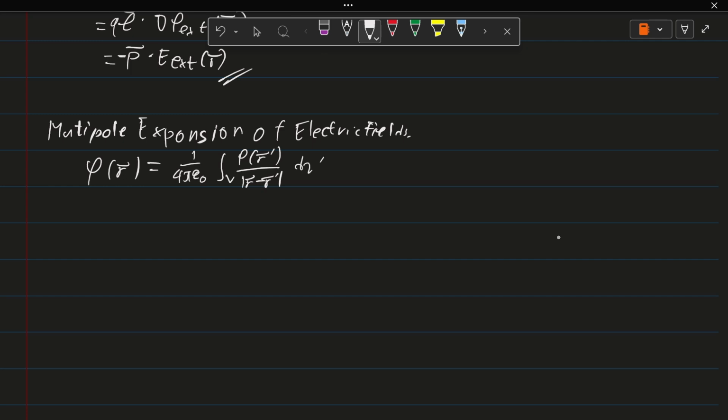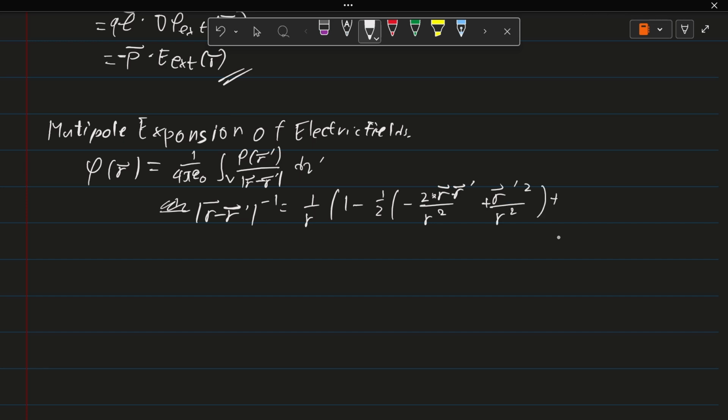So we can use the same approximations for the denominator. The reciprocal of the magnitude of the positions would be 1 over r times 1 minus 1 over 2 times negative 2 r vector dot r vector prime divided by r squared, plus r vector prime squared over r squared, and then you add 3 over 8 of 2 r dot r vector prime over r squared minus r prime over r squared, everything squared, and so on.